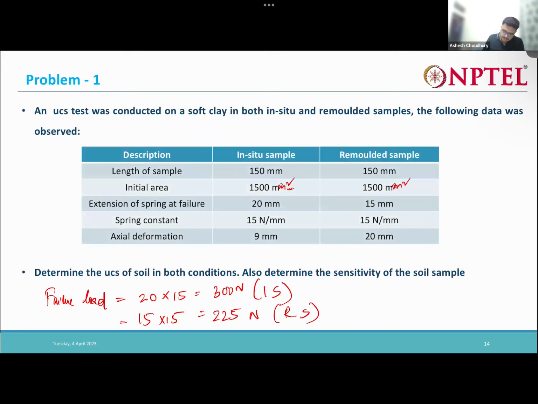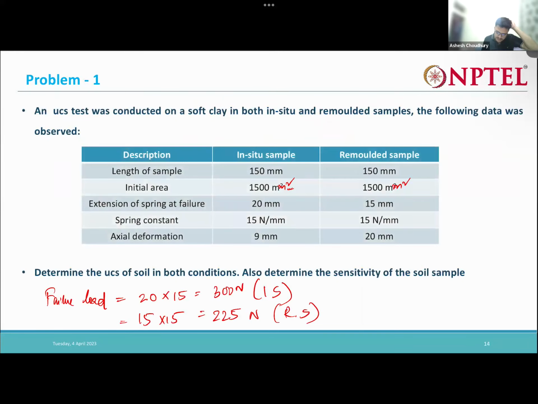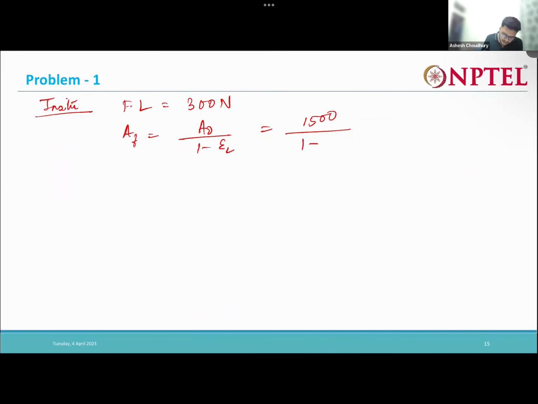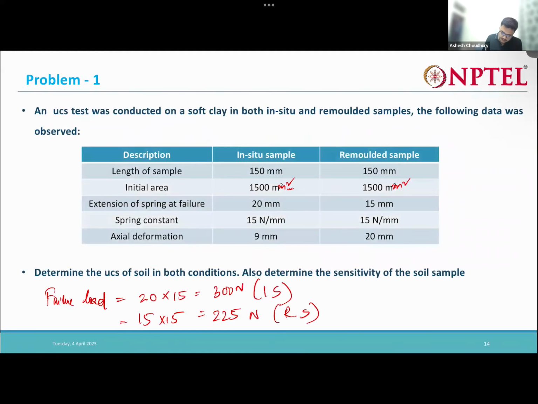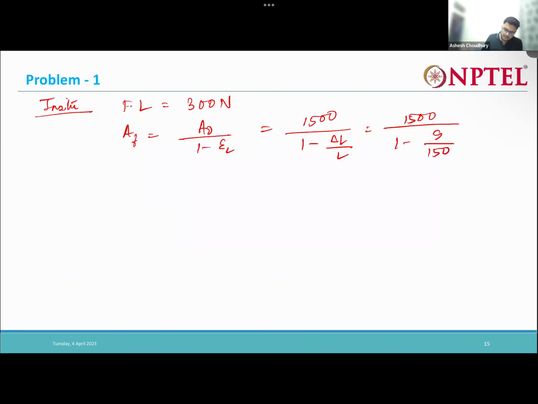So 1500 divided by 1 minus the strain. The axial deformation is given as 9 mm, so the strain is delta L by L naught. Delta L is 9. And what is the length? 150 mm. So please calculate how much AF is coming.